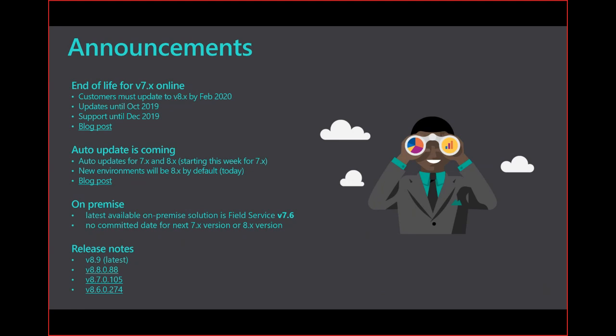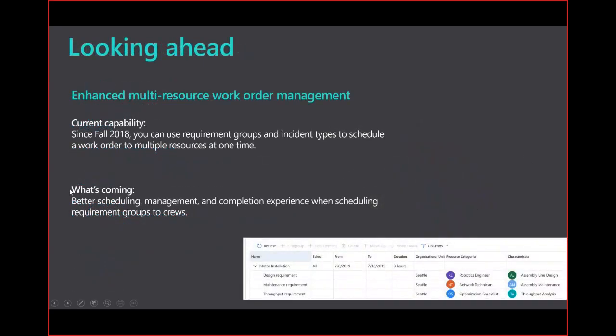Let's see, the last thing that I'd like to talk about here is something that's still coming in the near future. Our intent is to ship this in the September timeframe, but there will be some improved crew functionality. Ultimately, this is going to be around crew management.